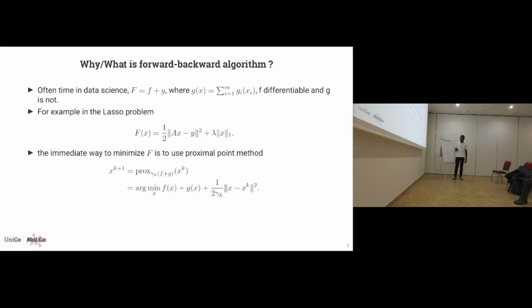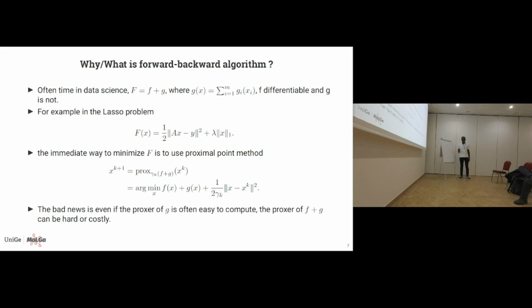When you apply the proximal point, this is exactly this. The prox of your g can be simple to compute, like the L1 norm here, but the sums are not so easy.